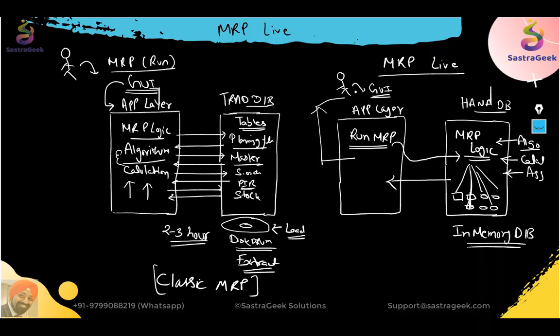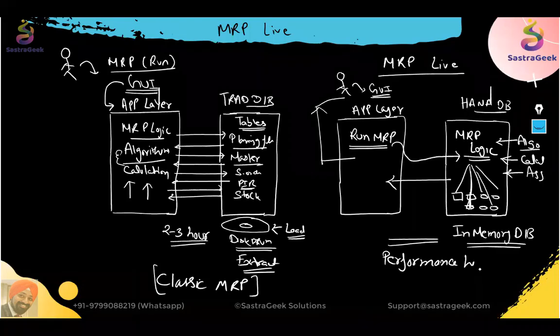So this is basically your MRP Live, and because of this concept, the data transfer between the application layer and the database is less, and we are using the HANA database. The logic has been rewritten in the HANA database system. The performance will be high. We will be having a very high performance.